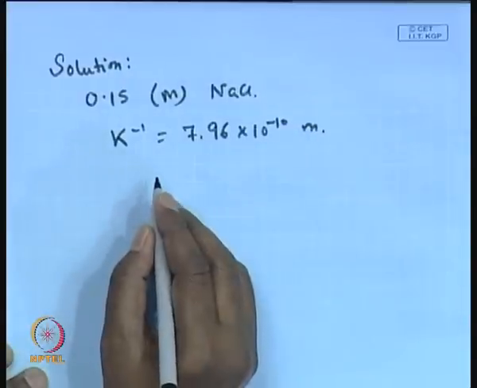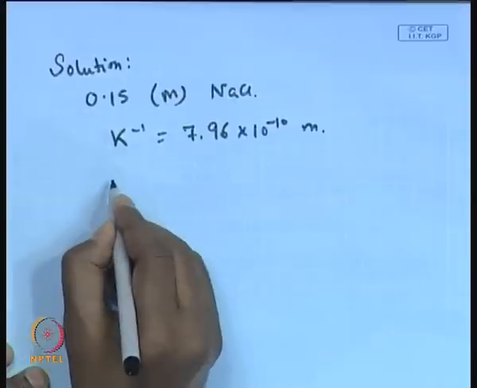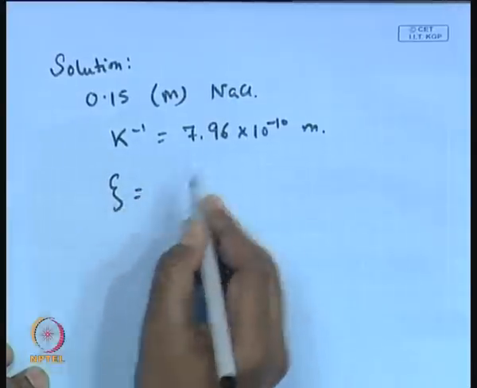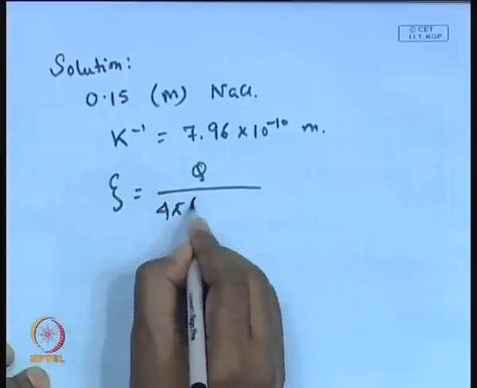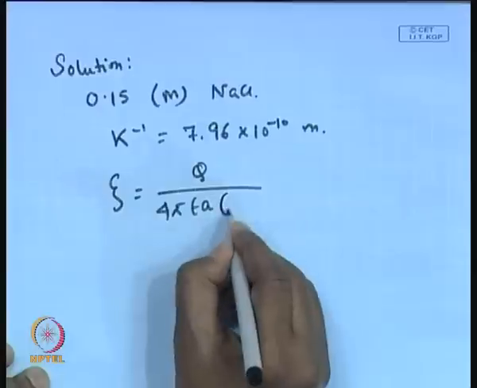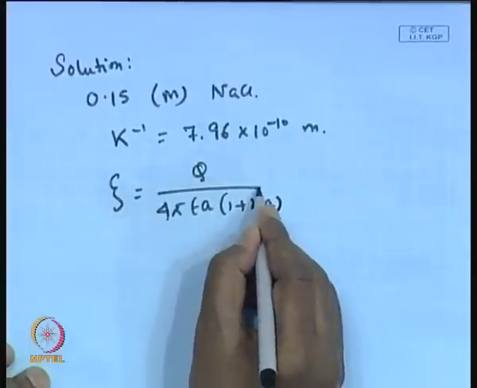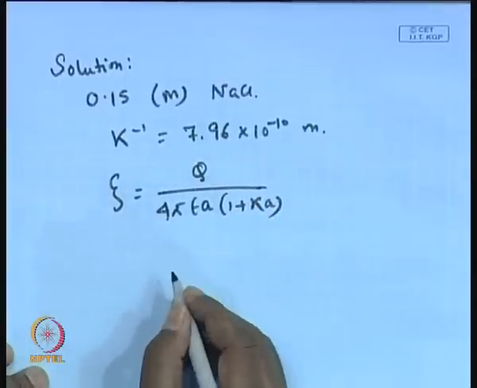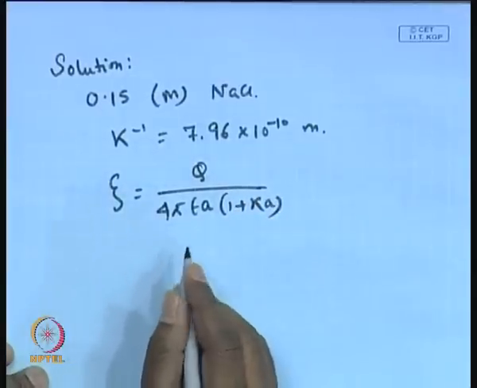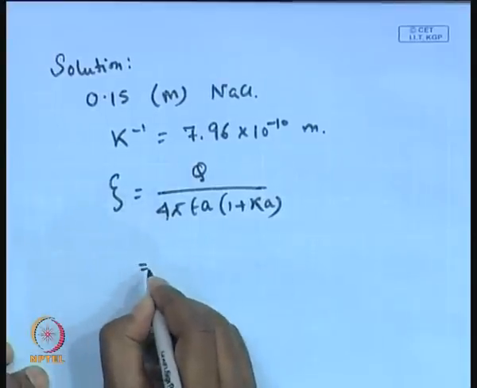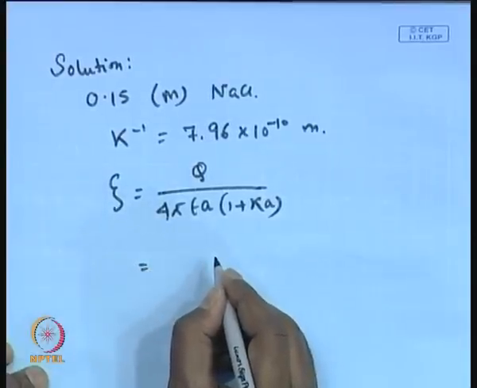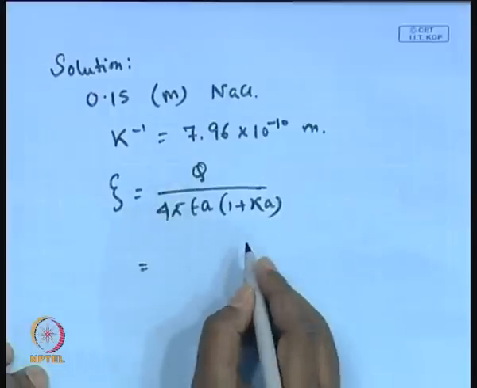So, the Debye length is 7.96 angstrom, right. So, you can find the value of zeta, that is the zeta potential, which is Q divided by 4 pi epsilon A into 1 plus kappa A. The surface charge is given, that is 20 times e, and A is also given, that is 2 nanometer, so 2 into 10 to the minus 9.